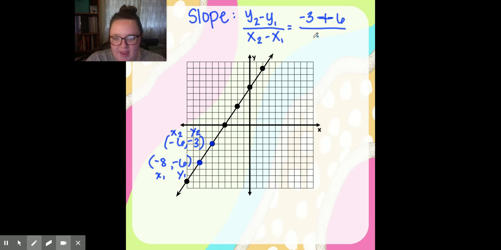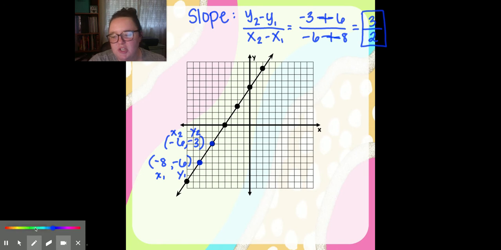At the bottom, x2 is -6, minus x1 is -8. Again, double negative changes to a positive, and we solve for our slope. -3 plus 6 is +3. -6 plus 8 is +2. There is my slope using the slope formula.